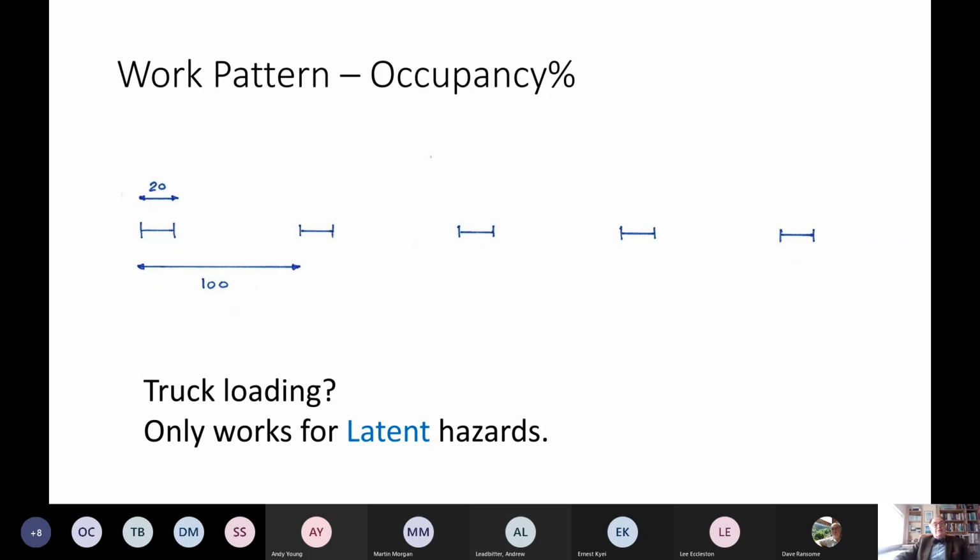The moment they find a source of ignition, then there's an immediate consequence, typically through the fire or the blast or whatever it may be, and there's no real avoiding it at that point. So this simple basis, which is so very often employed, only really works under those conditions.